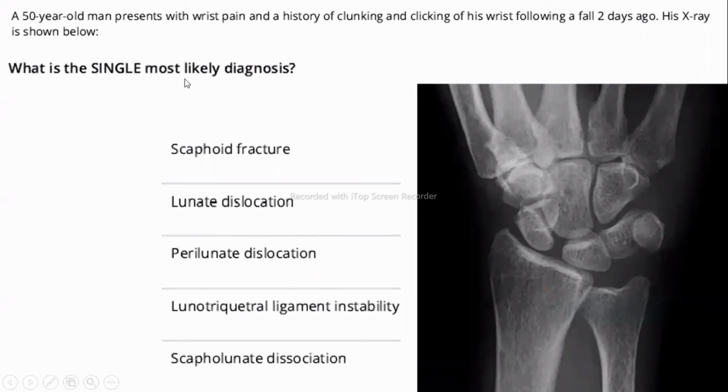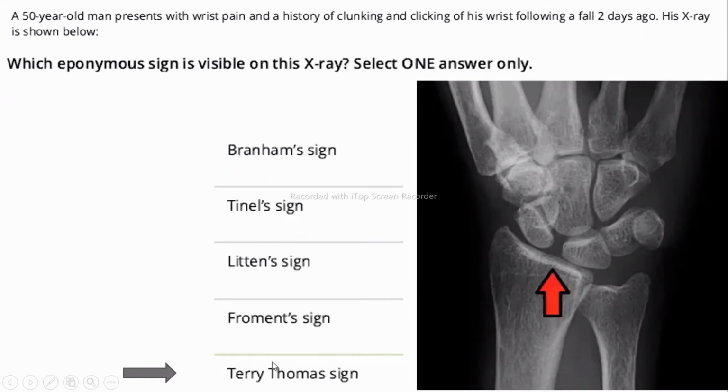So another question, what is the most likely diagnosis? Same. Lunate dislocation. So here, Terry Thomas sign means dislocation between which bones? Lunate and scaphoid.